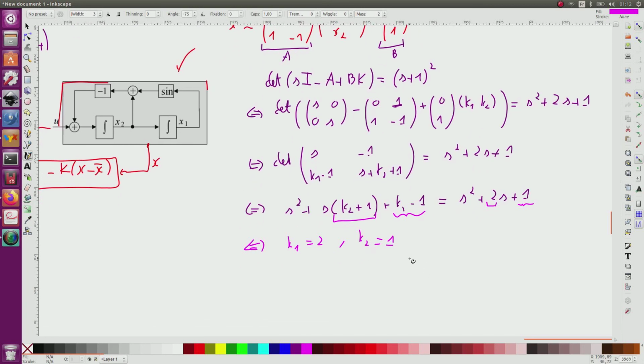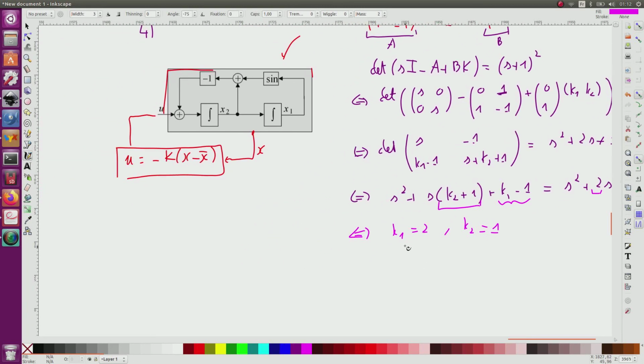As a consequence, I know K, and the controller here is u equal to -2, -1 multiplied by x1 minus x1 bar, so it's pi, and x2 minus x2 bar, so it's x2.